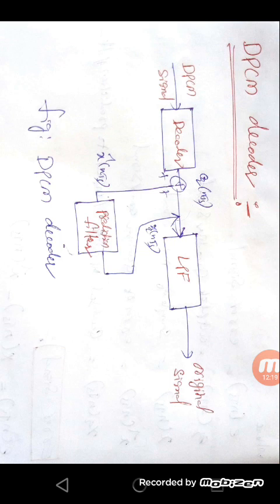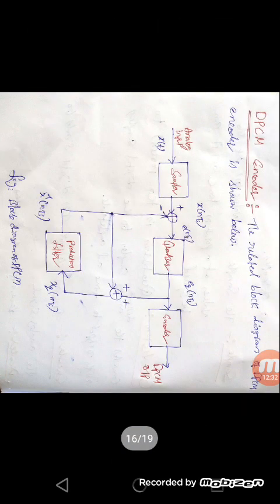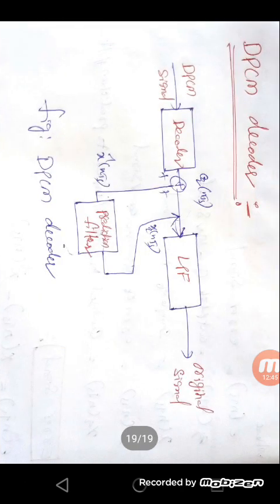So finally, by using the DPCM decoder, it will generate the original signals at the output side. Okay, this is the analog input in the form of a voice signal. Analog information is converted to discrete, then quantized, then encoded, and finally it is converted back to the original analog signal.